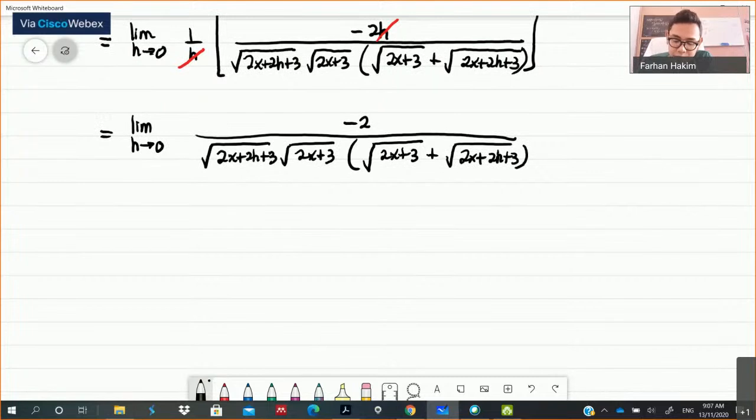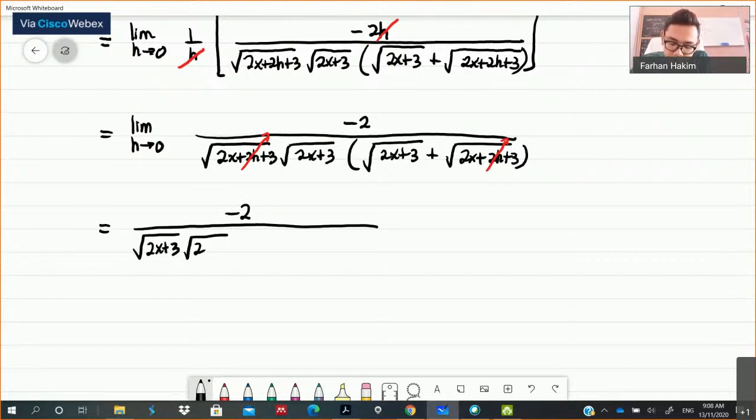When we substitute h with 0, this part will become 0 and this part will become 0. So we have no more limit because we already substituted h with 0. So square root of 2x plus 3 times square root of 2x plus 3, and the bracket becomes square root of 2x plus 3 plus square root of 2x plus 3.